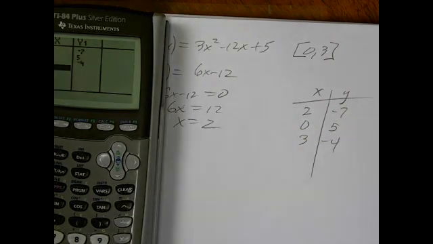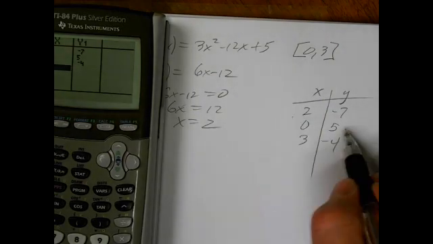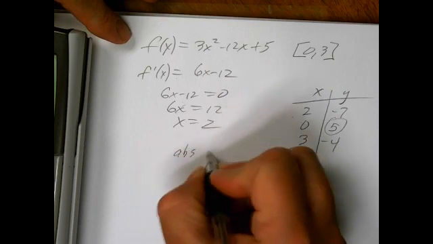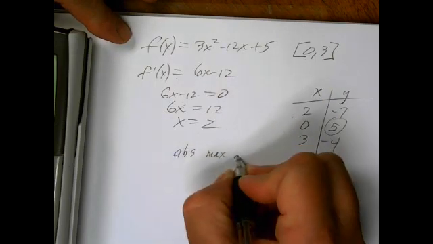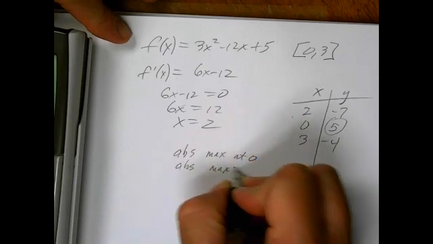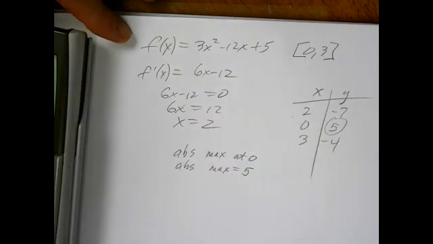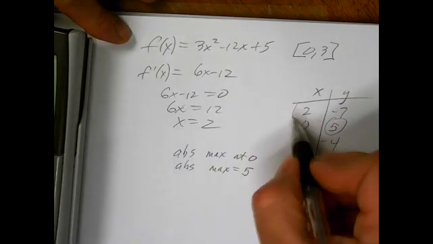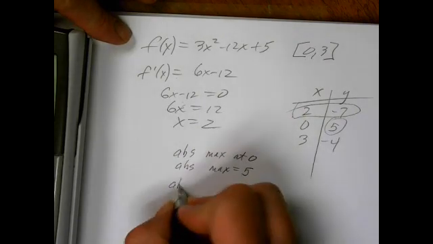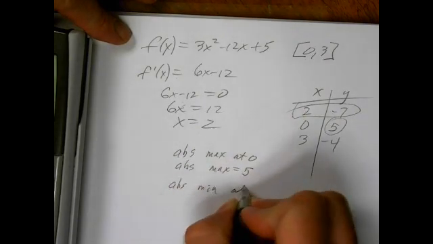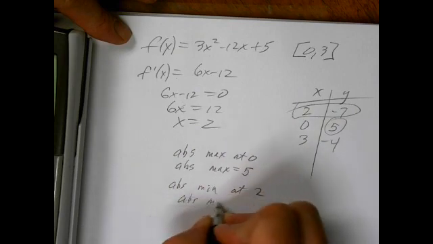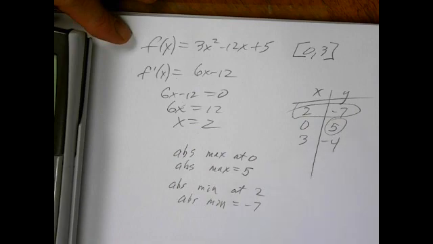Okay, of these numbers, 5 is the largest. So this tells us the absolute max is at 0, and the absolute max is equal to 5. The smallest of these numbers corresponds to the x value of 2. So the absolute min is located at 2, and the absolute minimum value is a negative 7.